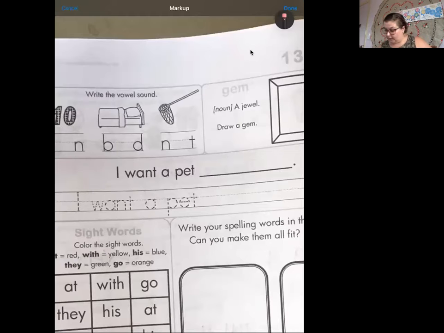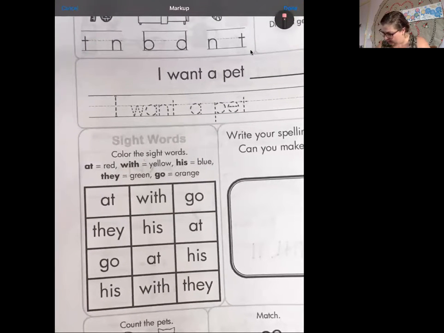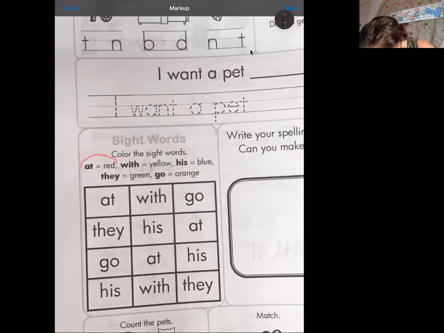Okay. Now, our sight words, okay? It says color the sight words. So this is where it's cool because I actually have these colors. So get your crayons, okay? So at is red.